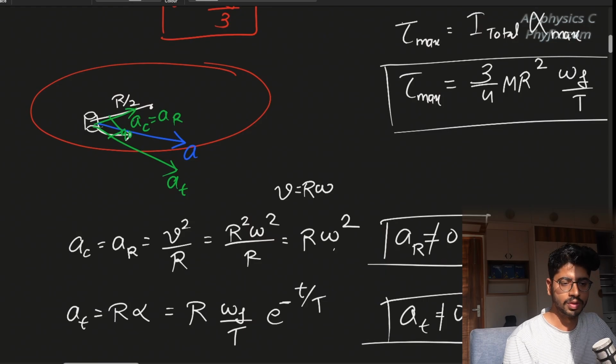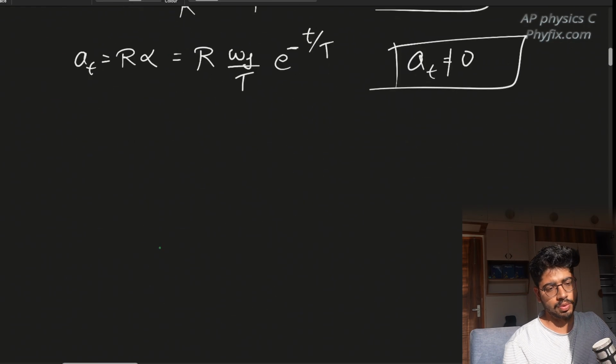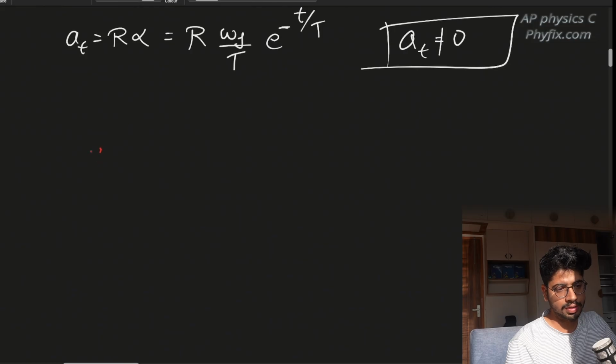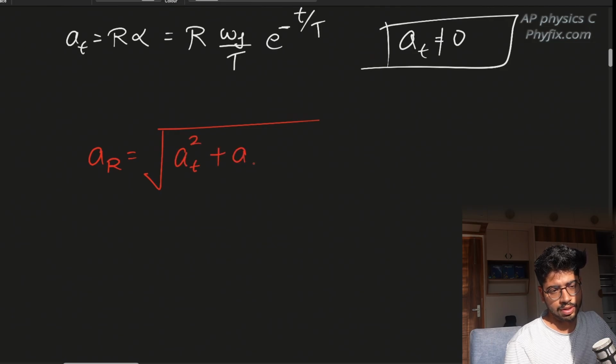So the resultant acceleration comes out to be the square root of tangential acceleration squared plus centripetal or radial acceleration squared.